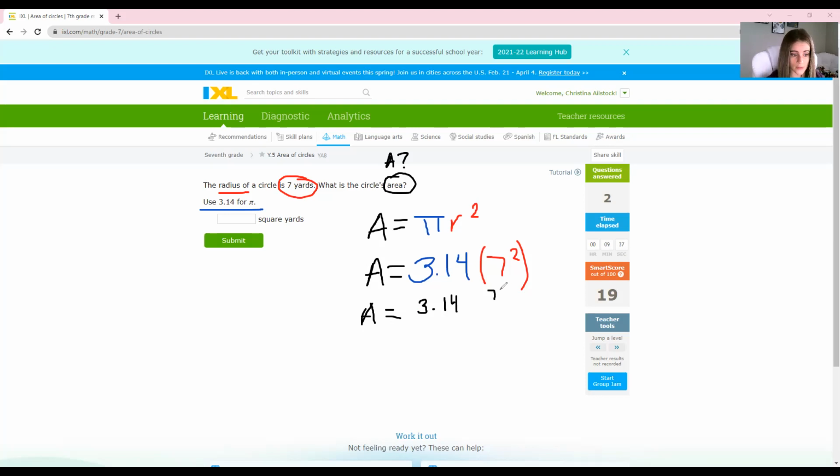So that means 7 times 7, which would be 49. Now we're left with multiplication. You're allowed to break out that calculator. 3.14 times 49 gives us an area of 153 and 86 hundredths.